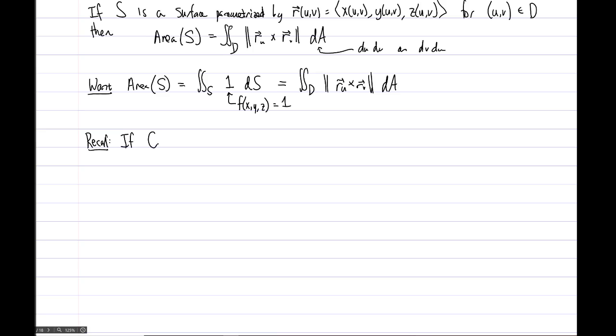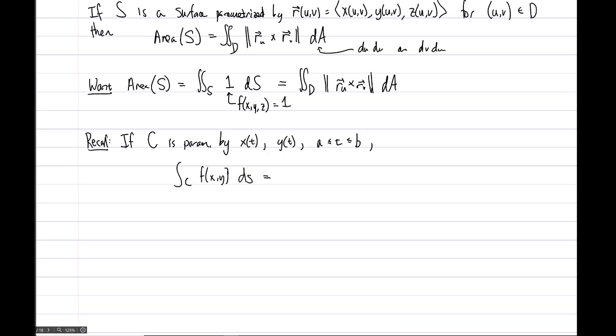If capital C is parameterized, so look at how already we're trying to make some similarities here. If capital C is parameterized by x of t, y of t, and t going from a to b, then we had the integral over C of f of x comma y ds.